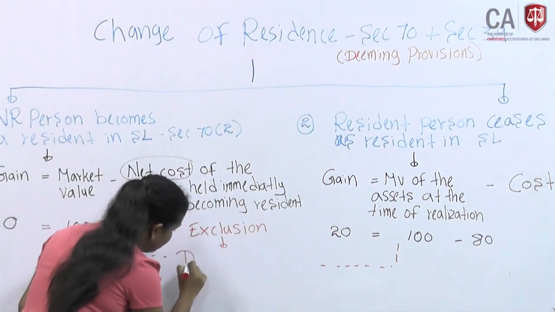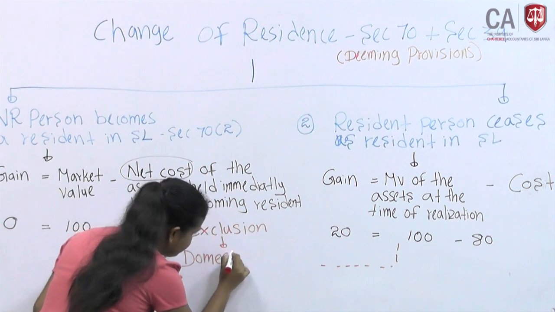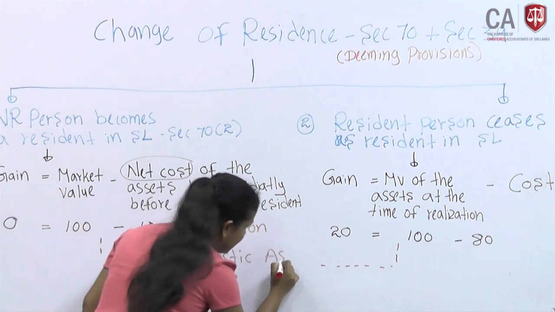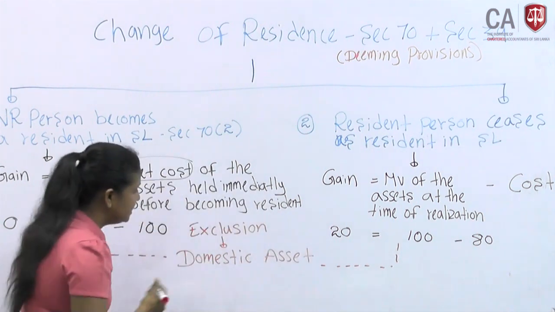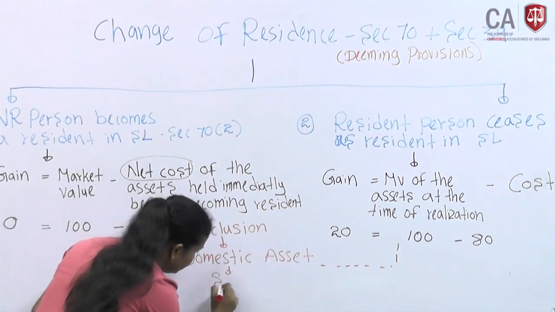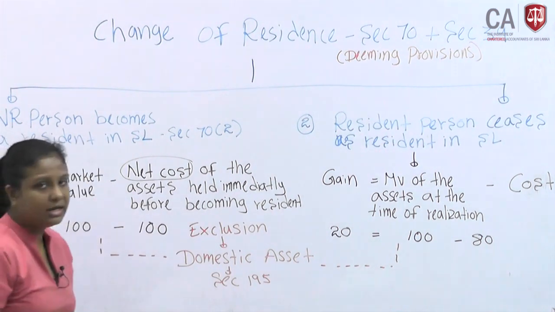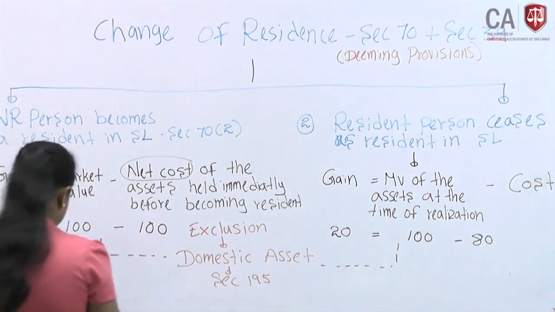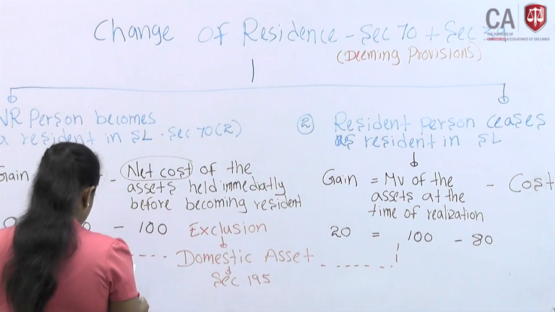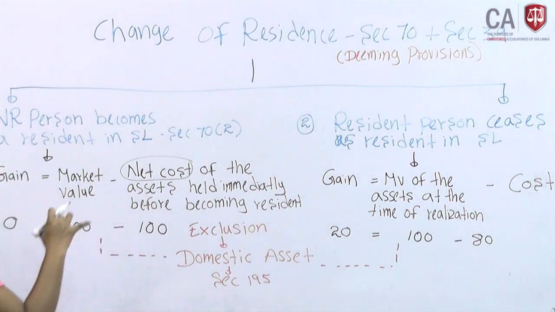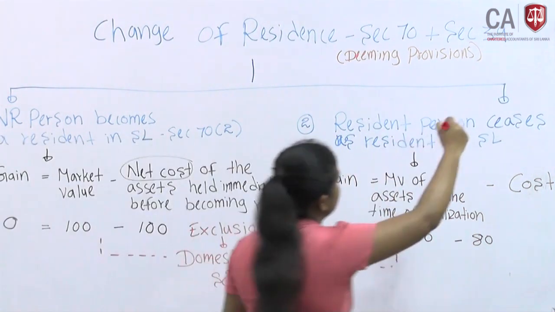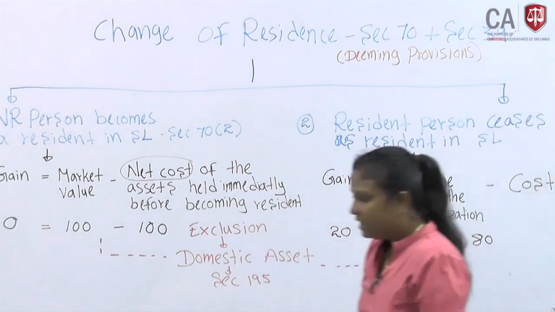The exclusion is the domestic asset. When it comes to domestic asset, it is defined in section 195. Clear?